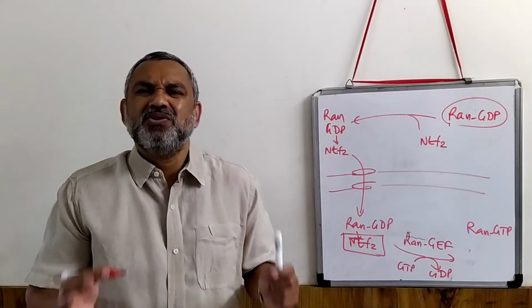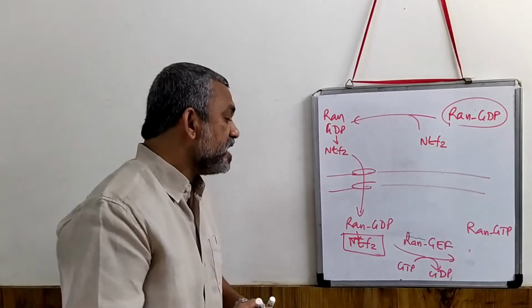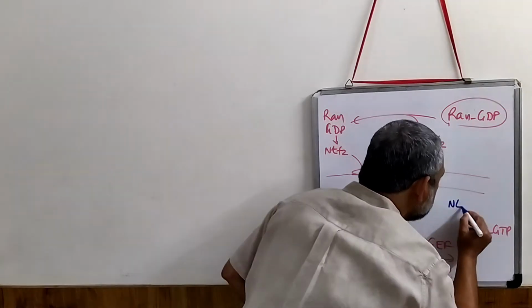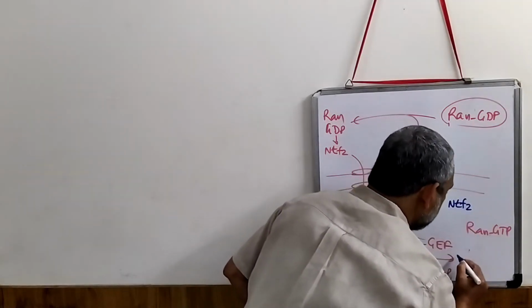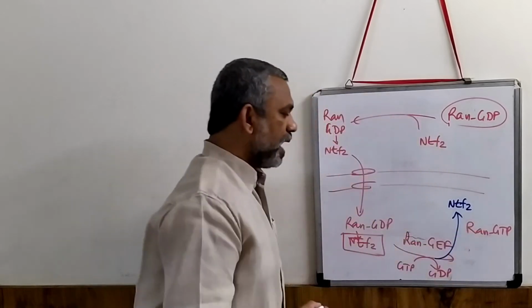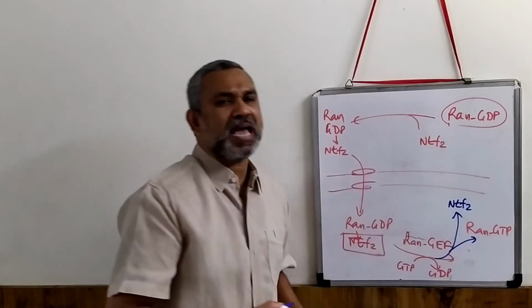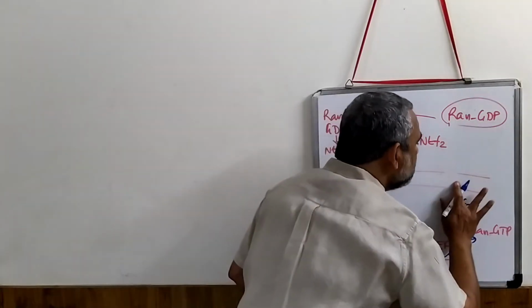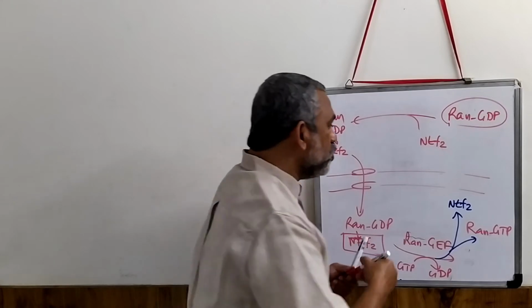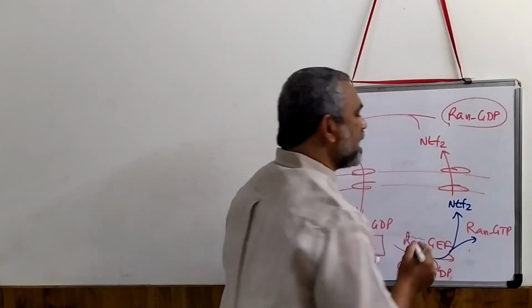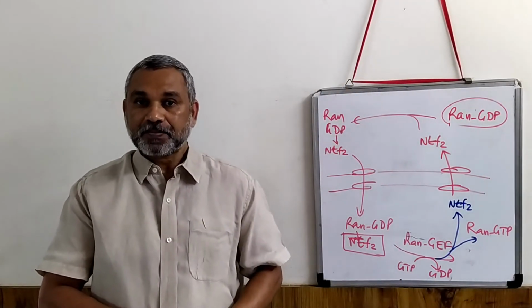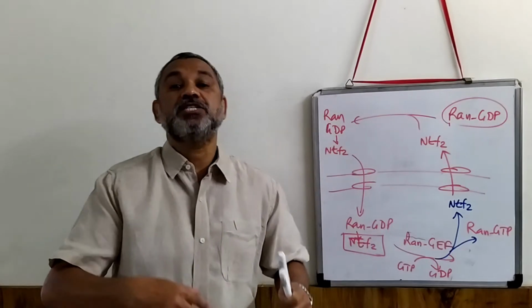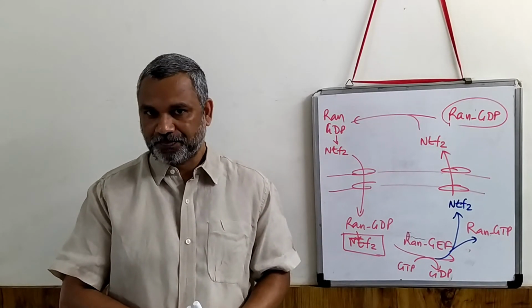Ran-GTP has no affinity towards NTF2, so in the process NTF2 is released, and you get Ran-GTP and NTF2. Now NTF2 is a small molecule that is able to pass through a nucleopore, and NTF2 will be transported back into the cytoplasm. So this is how the complete cycle occurs in the case of transportation of proteins.